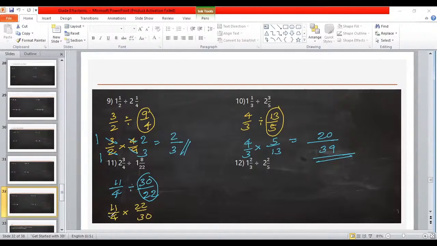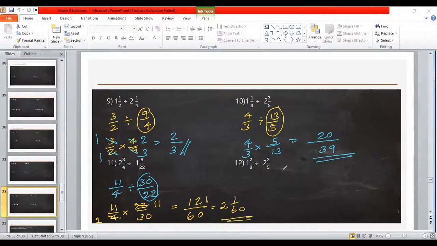Can we cancel? How many 2's, 2? How many 2's, 11? 11 times 11, 121. Over 2 times 30, 60. Yeah, this is the answer. 121 over 60, which is 2 and 1 over 60. This is the answer here.